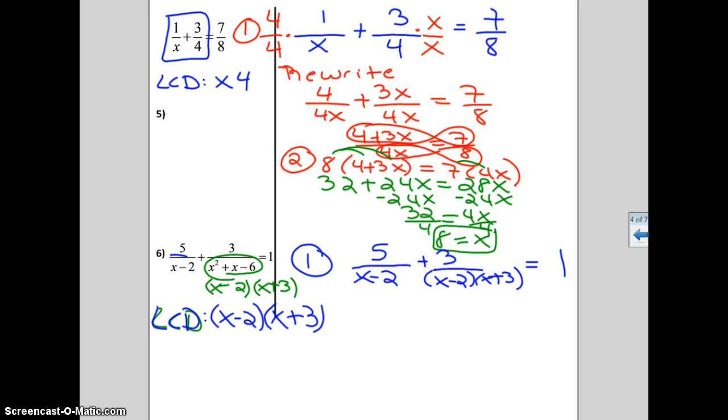I need to get the common denominator, so this is like we were doing last class. I'm going to multiply this fraction by the x plus 3 because it needs that x plus 3 in order to have common denominator.